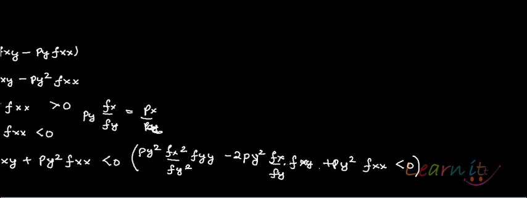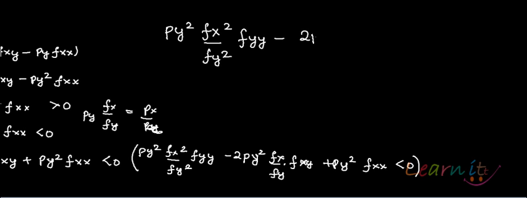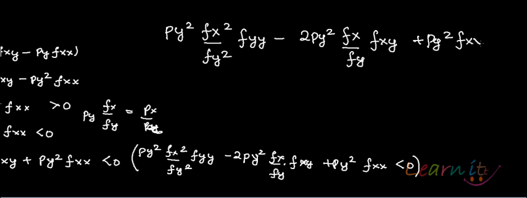So in case you multiply both the sides by fy square by py square, I'll just write this equation again, which is py square, fx square by fy square, fyy minus 2 py square, fx by fy, fxy, plus py square fxx less than 0.